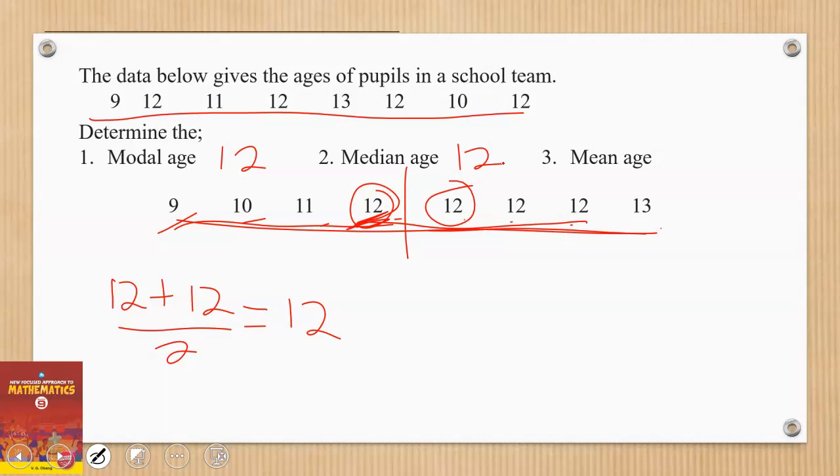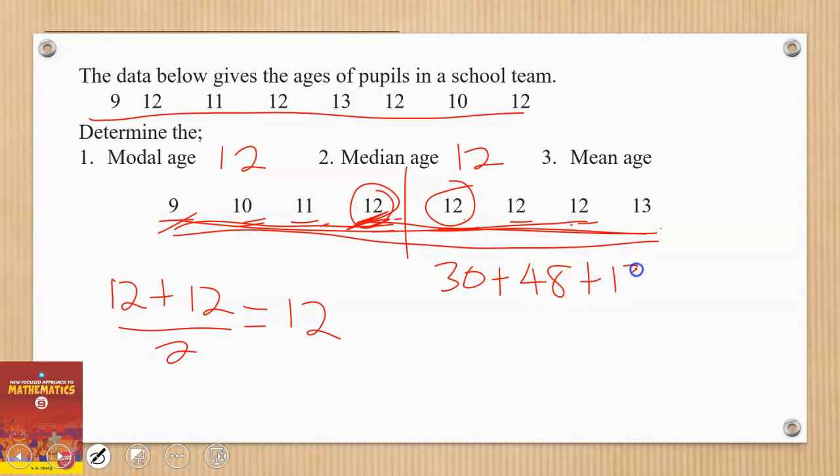Now for us to find the mean, we need to add all the numbers together and divide by the total number. Adding 9 plus 10 plus 11 will give us 30. Then 30 plus 12, 12, 12, 12, that is 48, then plus 13, all divided by 8 because there are 8 in all.